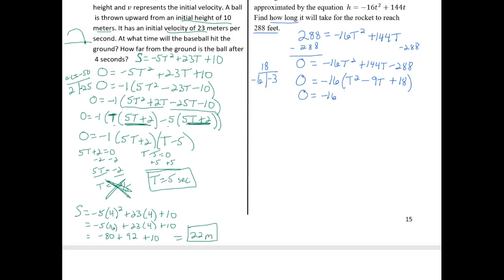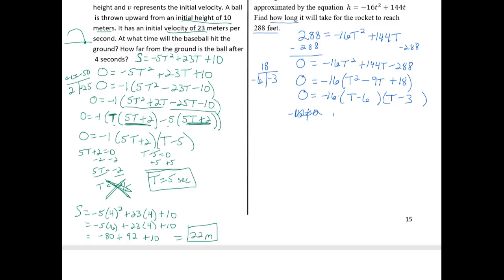So negative 16 times that front coefficient was 1. I'm going to go straight into my factors of t minus 6 and t minus 3. I set each factor equal to 0. You could take that negative 16 and set it equal to 0, but it does not equal 0. So if that concerns you, you can just either divide that away or not even write this, because negative 16 will never be 0.